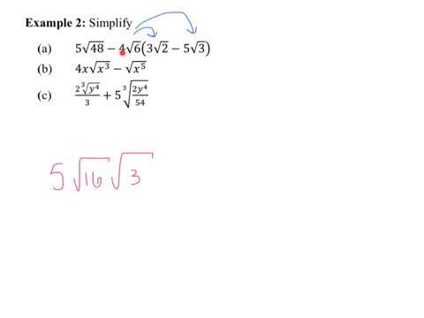Negative 4 times this 3 right here gives me negative 12. Okay, then I have root 6 times root 2 giving me root 12 also. Next, negative 4 times negative 5 is positive 20. And root 6 times root 3 is root 18.